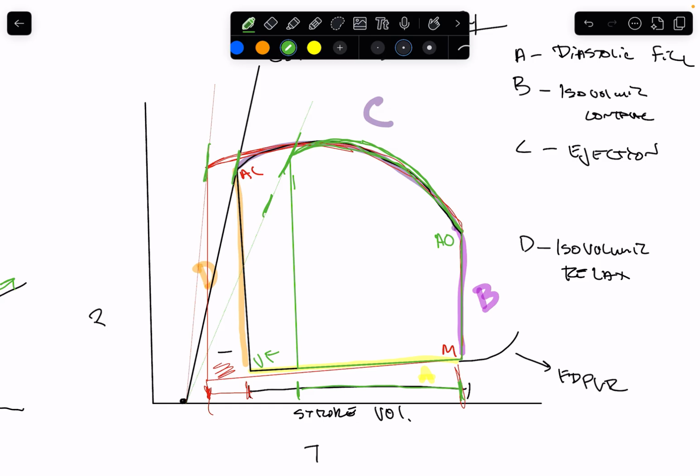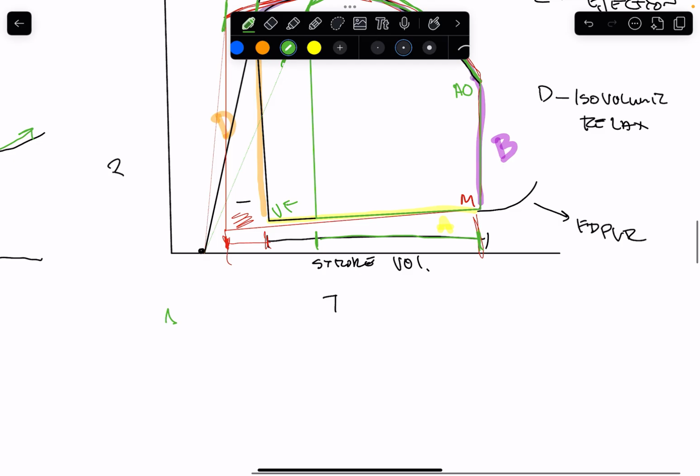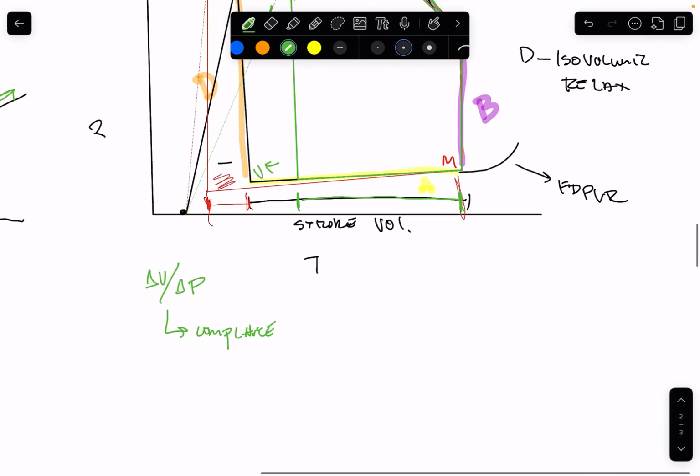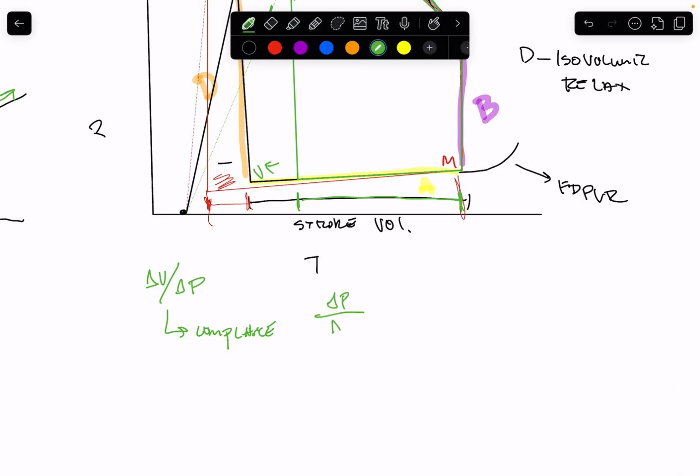And so the way this is mathematically often measured is a change of volume over a change in pressure, and that is what we call compliance. And compliance is the reverse of elastance. So it's like basically how firm the heart is, and then the change in pressure over change in volume is elastance.